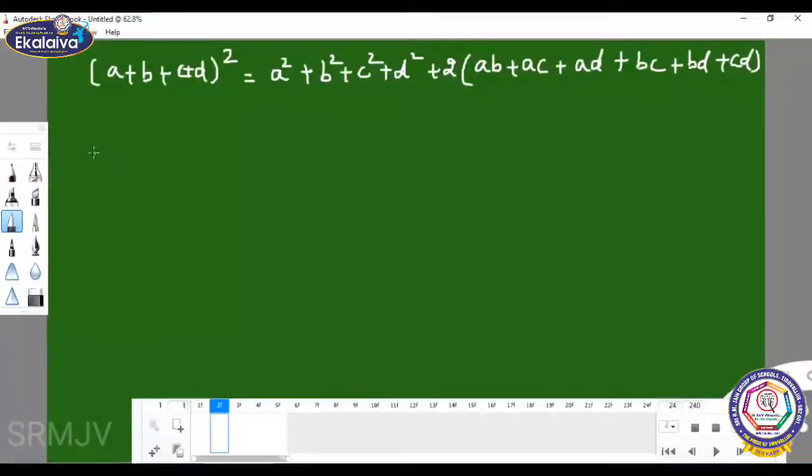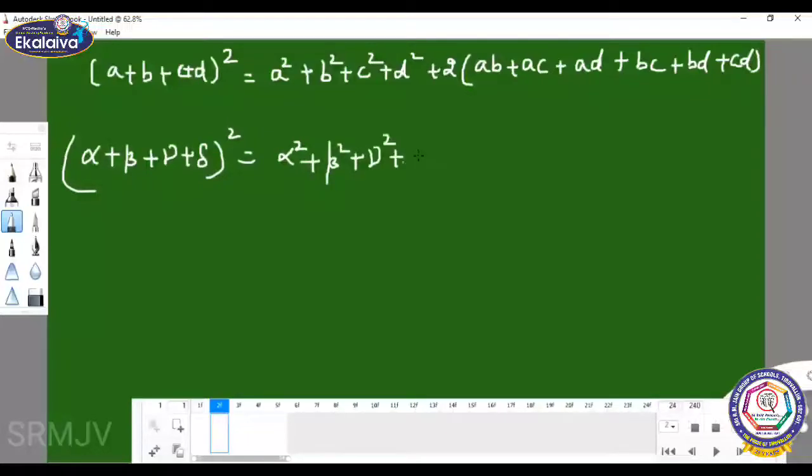So the same way, you can replace a by alpha: alpha plus beta plus gamma plus delta the whole square equal to alpha square plus beta square plus gamma square plus delta square plus 2 into alpha beta plus alpha gamma plus alpha delta plus beta gamma plus beta delta plus gamma delta.